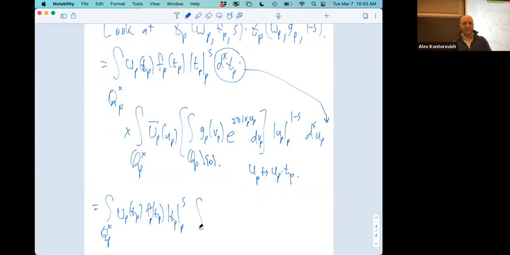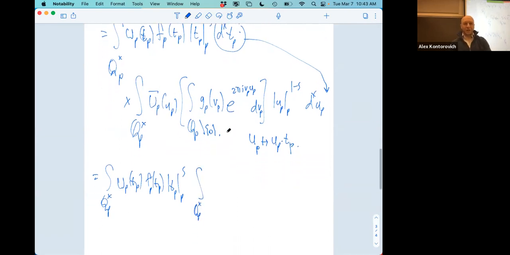So then I have an integral in Q_p cross. Now I'm changing u_p to u_p times t_p. So I have an ω bar of u_p and an ω bar of t_p. Then I have the g integral.